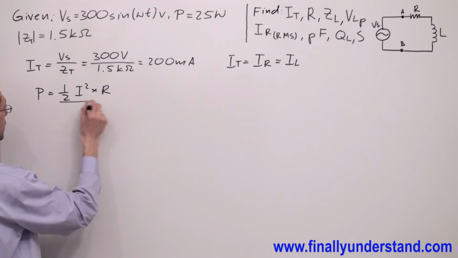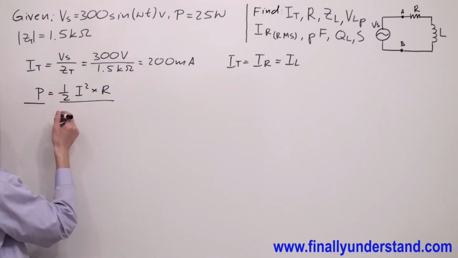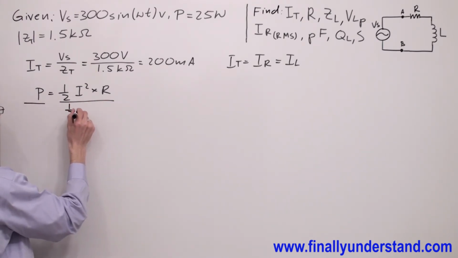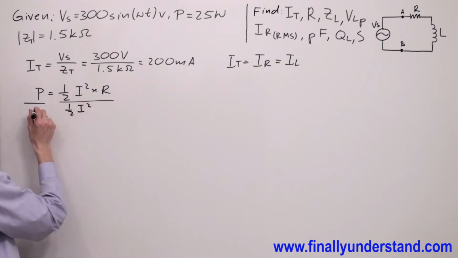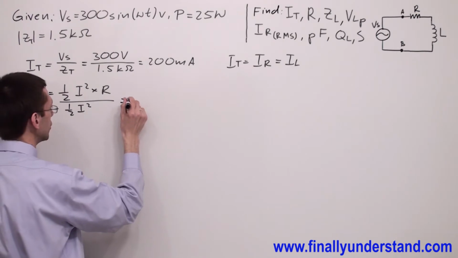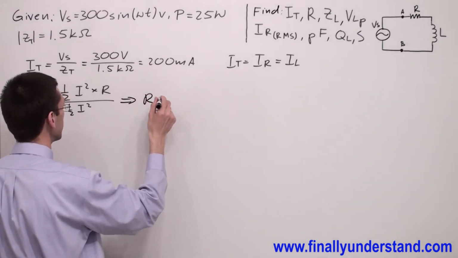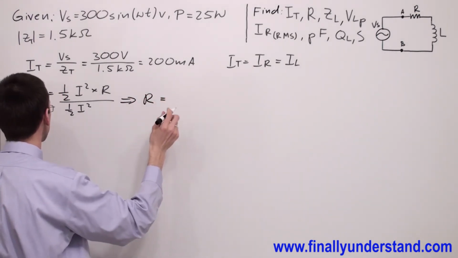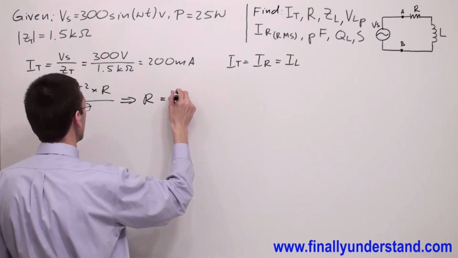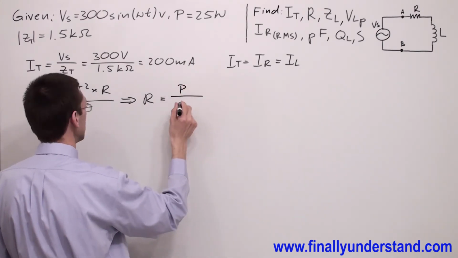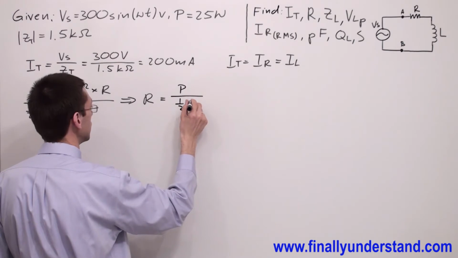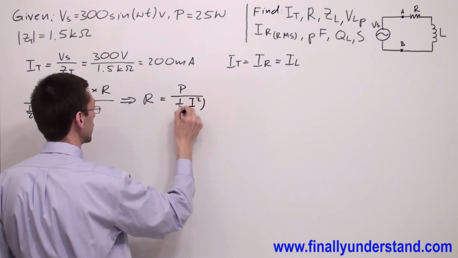Okay, so in order to find the resistance, I'm supposed to simply divide both sides of my formula by 1/2 I square. And I'm going to have resistance is equal to power over 1/2 I square.